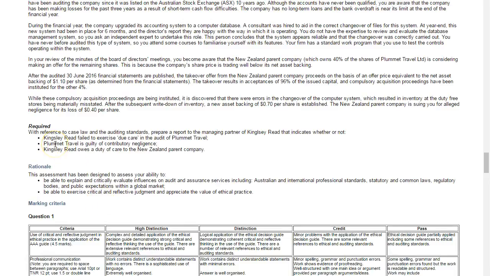Now, it may not apply in every part of the question. Certainly, I'd expect to see reference to relevant case law in all three parts of the question, but perhaps not reference to auditing standards in all three. But certainly, across the question, you need to have included both.